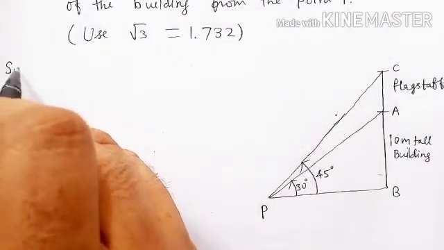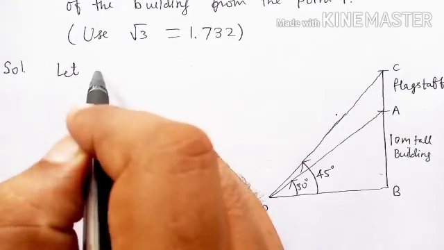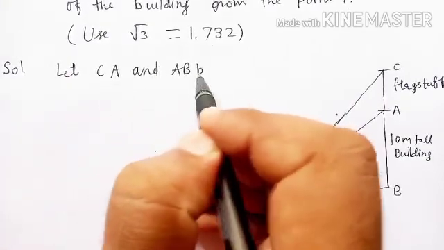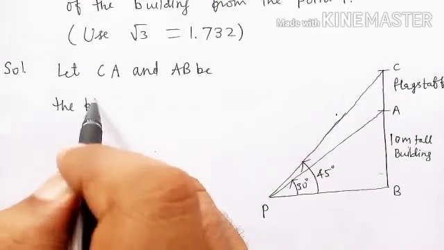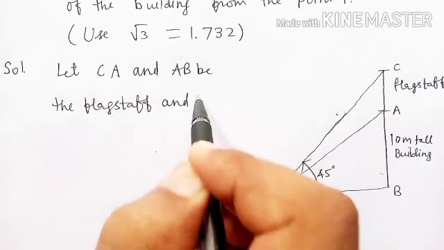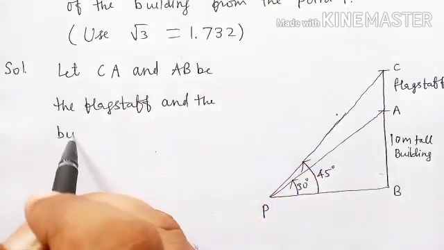Solution. Let CA and AB be the flag staff and the building.